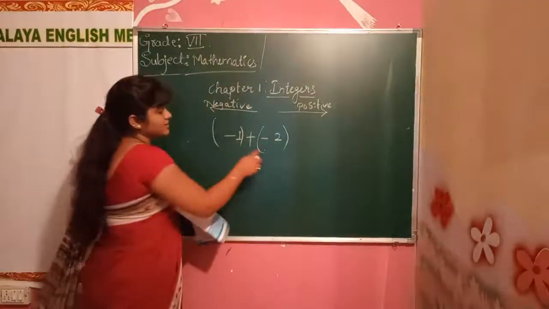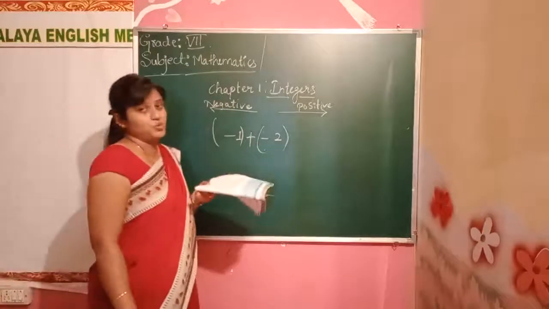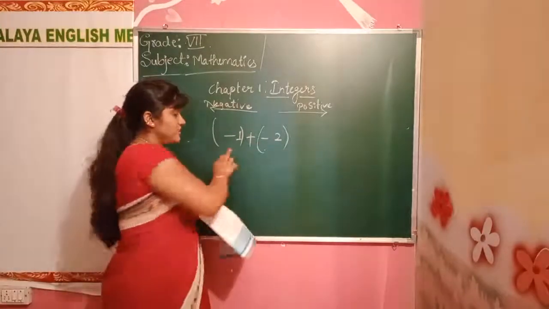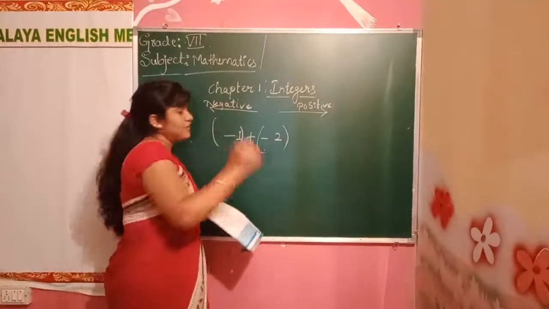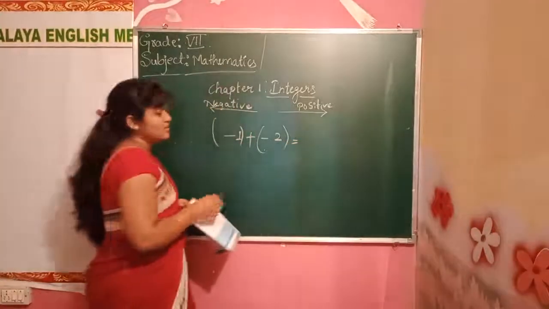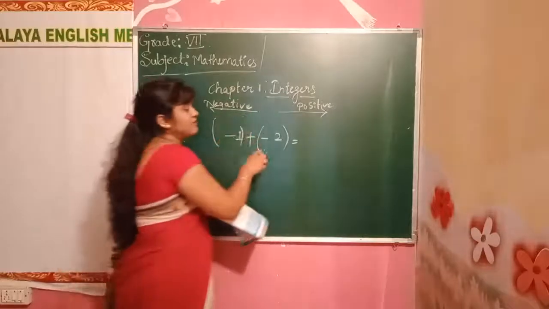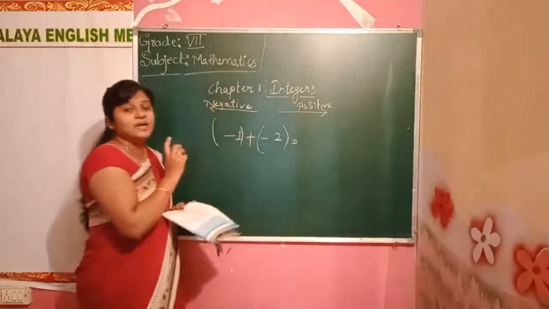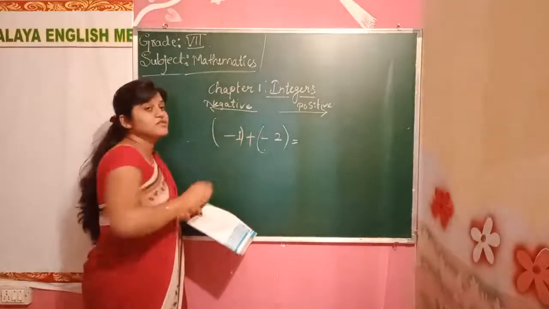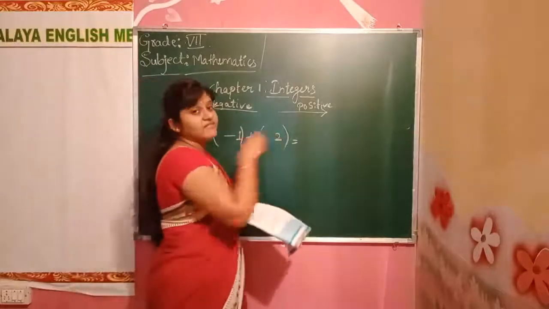If we add these, -1 plus -2, what do we get, children? We get the positive integer only, but the sign will be minus. Why minus? Because we see which is the highest number, and that sign we have to put.